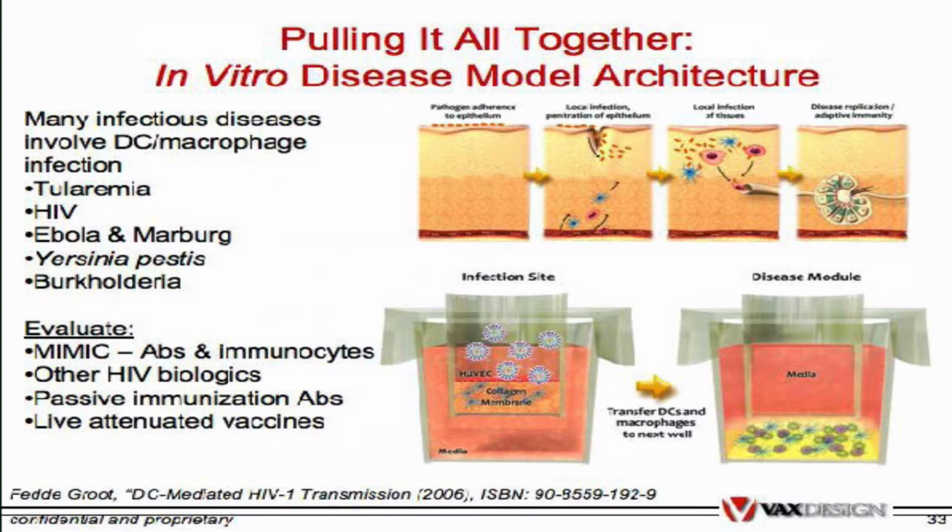So if we put it all together, everything that the mimic system is capable of doing, it basically is an in vitro disease model architecture that allows us to take a pathogen, an antigen, a vaccine, some foreign material, and challenge our system with that material and see how the PTE, or the peripheral tissue equivalent module, dendritic cells process this material and then pass it along to the lymphoid tissue equivalent module.